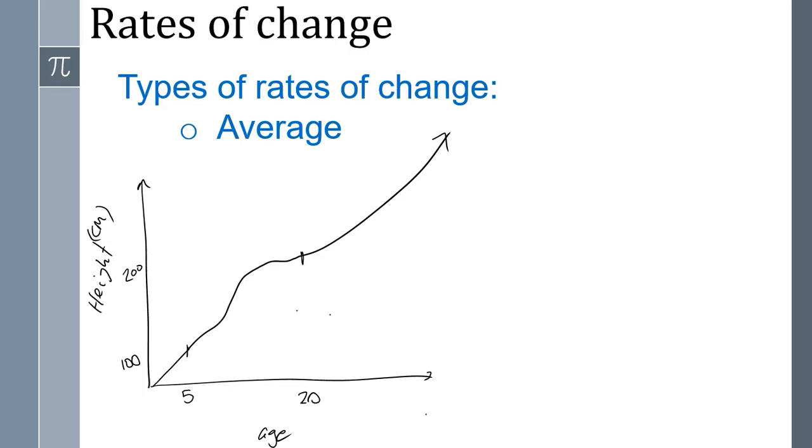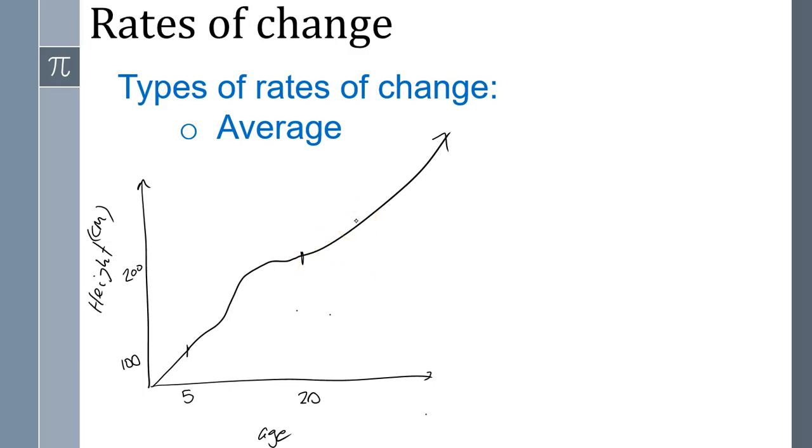So average rates, we're looking at a variable rate of change, but we want to find on average what's going on. Okay, so here I've just done a little example. Let's say it's a person, and down the bottom here on the x-axis I have their age. So when they were born, they were pretty short, and at 5 years of age, at 20 years of age, they're getting taller.